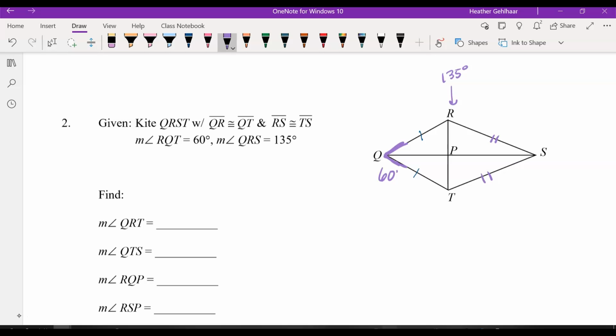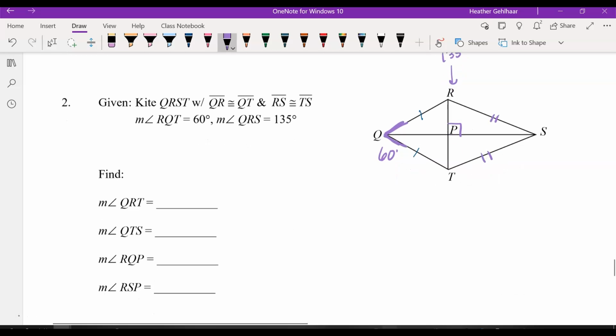A couple things: we definitely know this is 90, because the diagonals are perpendicular. So we know QTS is also 135, because these two angles are congruent. Do we have that on our list? QTS. Oh, we do. So this is 135.